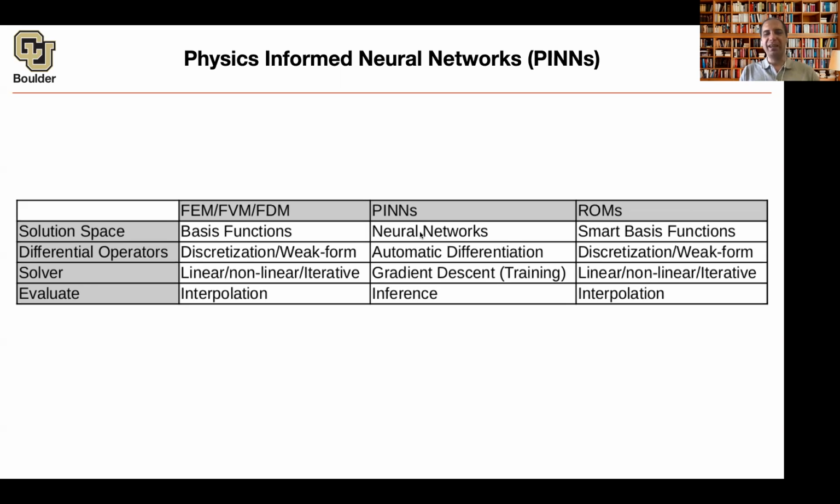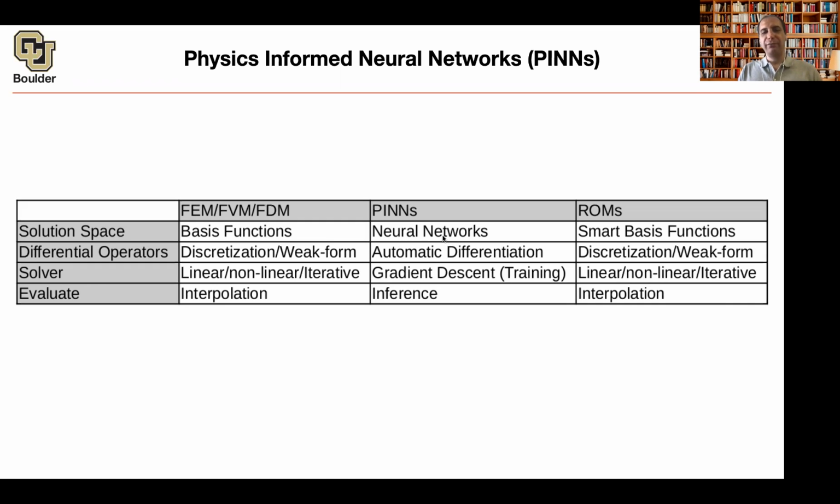How do you span the space of your solution using PINNs? You're going to use neural networks. So what's the difference here? The degrees of freedom for maybe those hat functions in finite elements are tied to your grid. So you need to first put a grid on your domain and then put those types of basis functions locally.